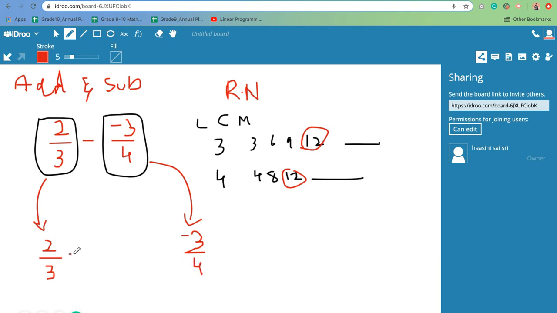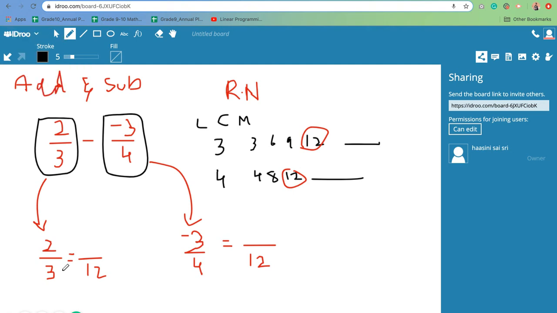So now my goal is to make the denominator the LCM number for both the numbers. When I make them into the LCM number, that's when my denominator is same. So this also I have to make 12. This also I have to make into 12. So what do I do here?